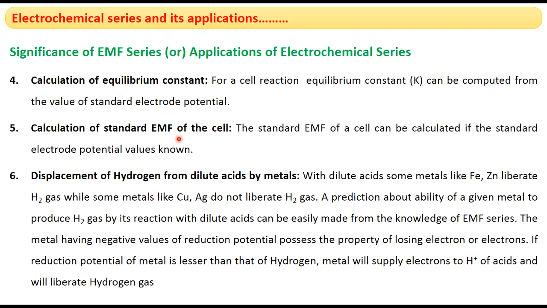Another application is the calculation of the standard EMF of the cell. If we know the electrode potential values of both the electrodes, then we can easily calculate the standard EMF of the complete cell. Next application is the tendency of metals to displace hydrogen from dilute acids.